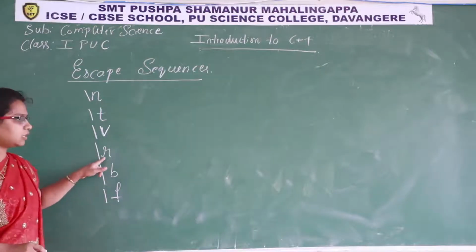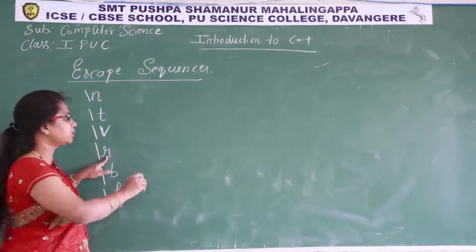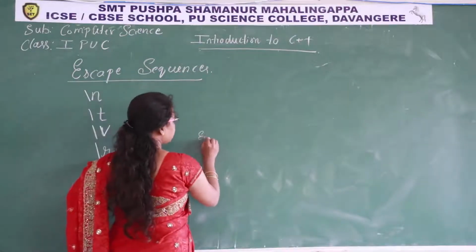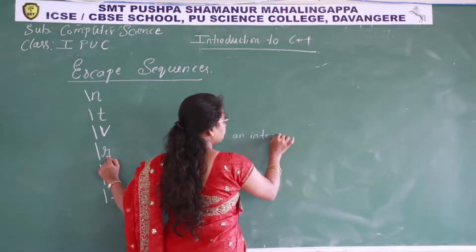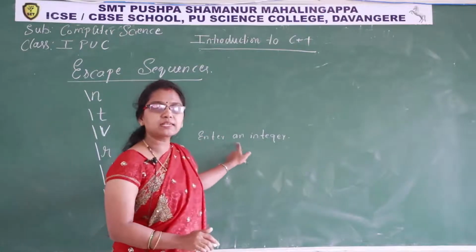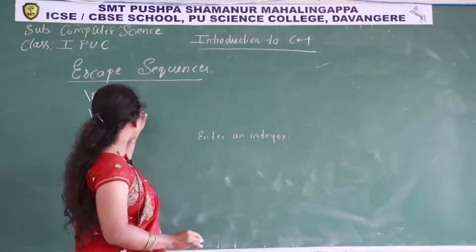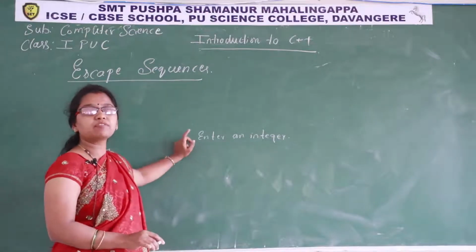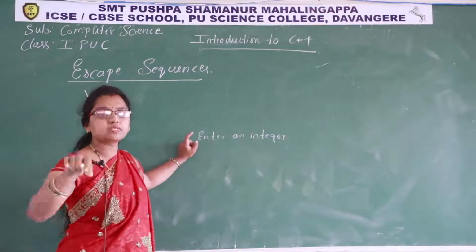So how does this escape sequence work? See, after displaying the content, for example, "enter an integer", this statement is displayed on the output screen. One thing you should understand: these escape sequences perform their functionality during execution of the program on the output screen.